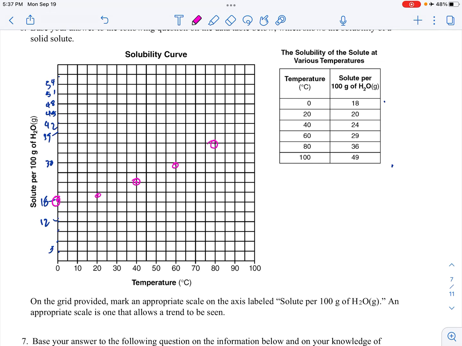And 90, oh, there's no 90. 100 is 49, so this is just a little bit above 48. It didn't say to do best fit or connect. It would usually be just connect.